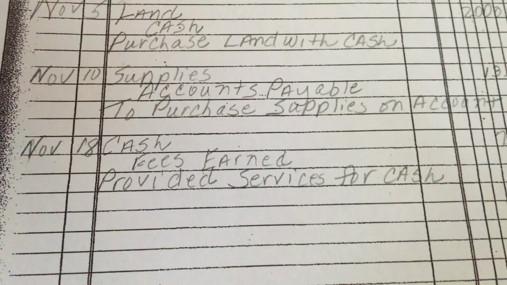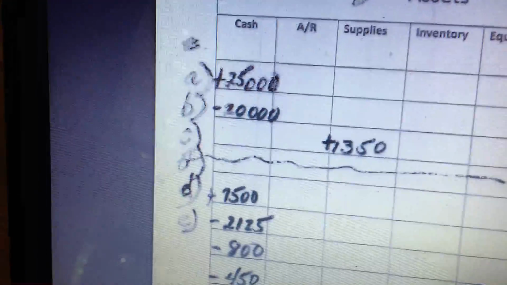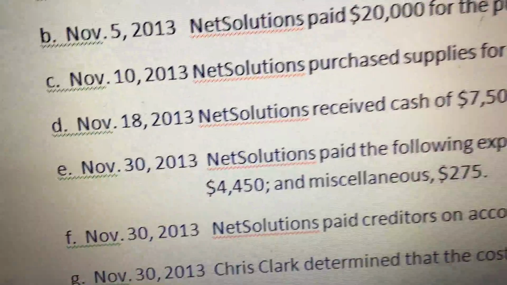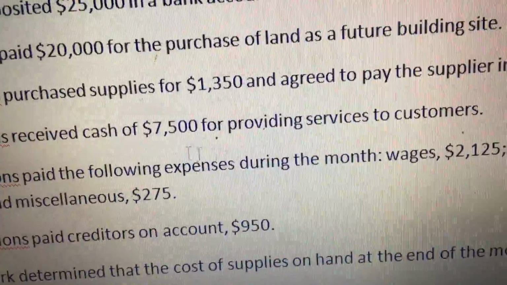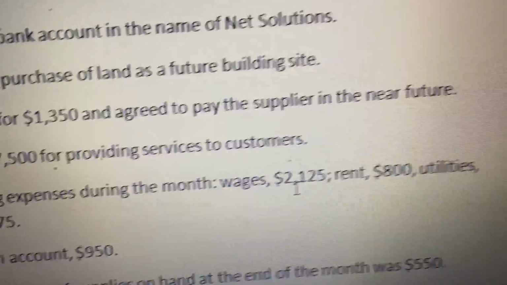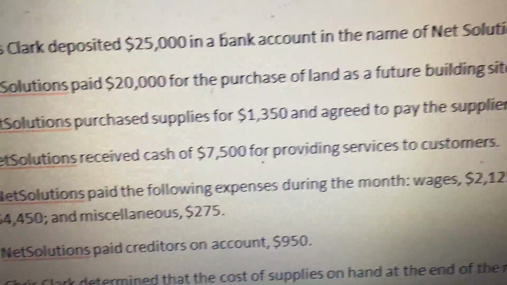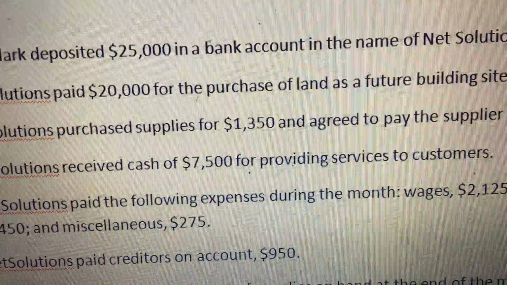Okay. Now let's go to the expense one, the next one. Okay, this is going to be E. Let's go to the explanation here. This is the one with all of the expenses. On E, it says November the 30th, Net Solutions paid the following expenses during the month: wages $2,125, rent $800, utilities that should be $450, and miscellaneous $275.